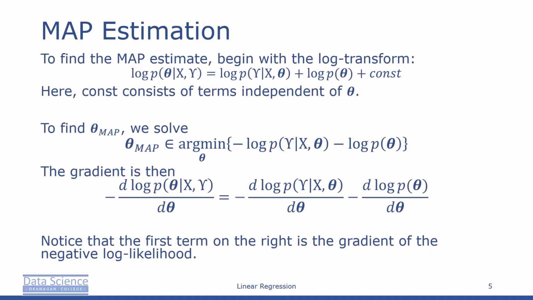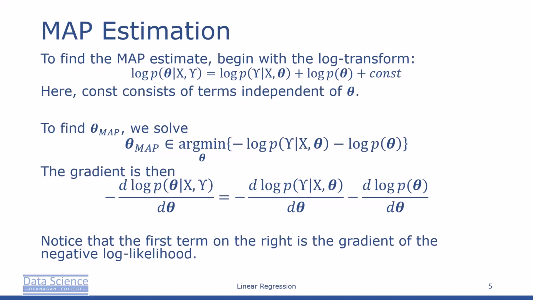To find the MAP estimate, we follow steps that are similar in flavor to the maximum likelihood estimation. We start with the log transform and compute the log posterior as log P of theta given X and Y equals log probability of Y given X and theta plus log P of theta plus a constant, where the constant comprises the terms that are independent of theta.